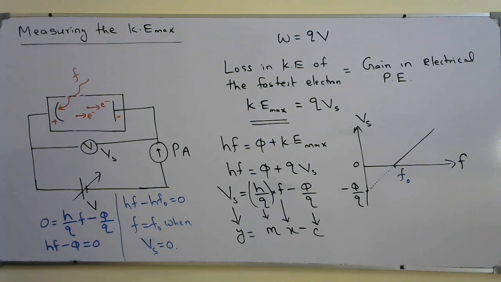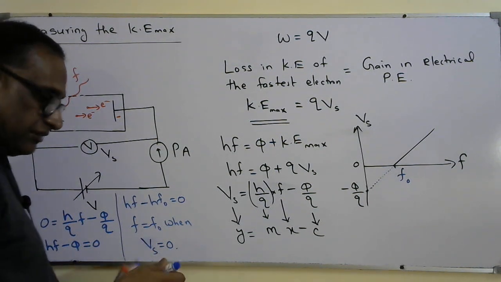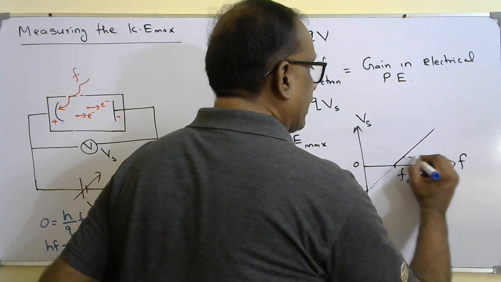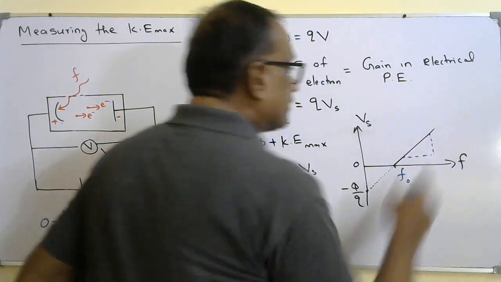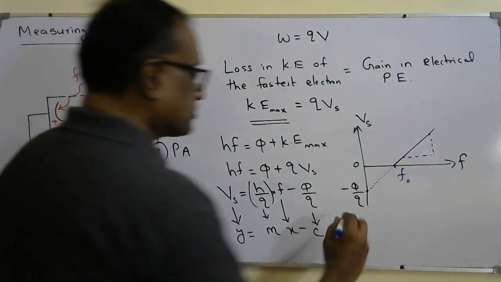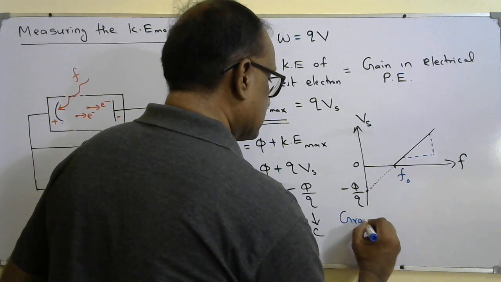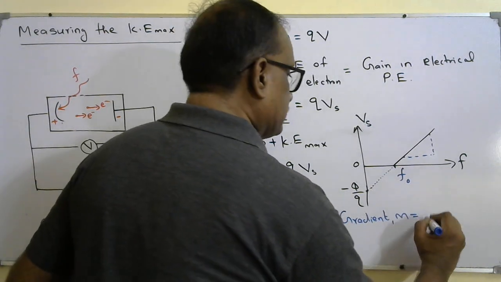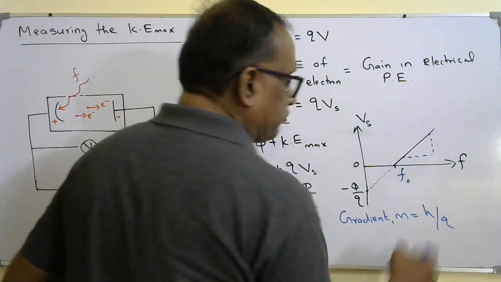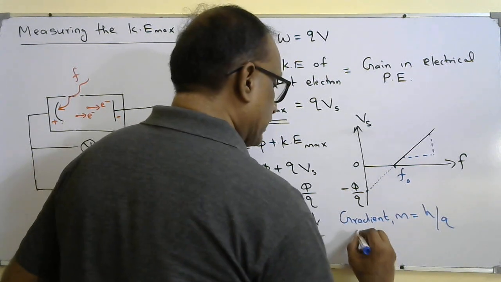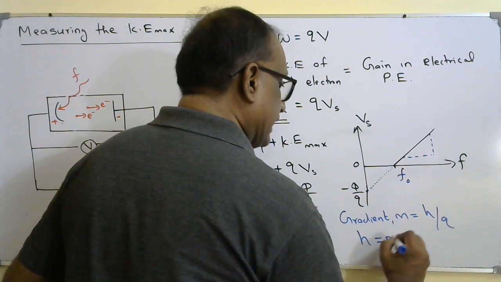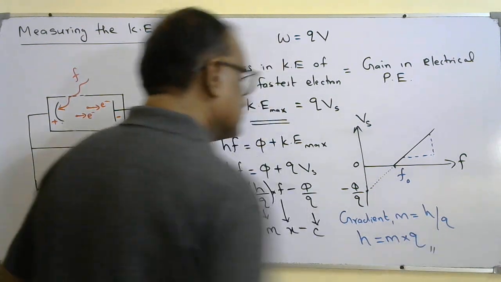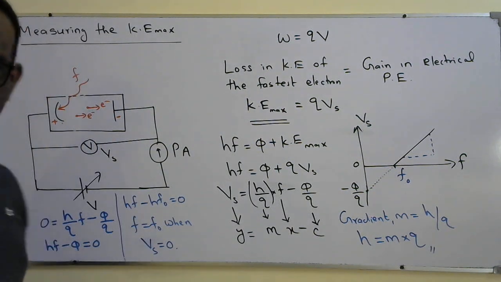If you find the gradient after plotting this graph, remember all these things, the gradient gives h over Q. So the gradient m is equal to h over Q. So if you know the gradient and you know Q, you can find the Planck constant as gradient times the charge of the electron. There could be questions based on these also.